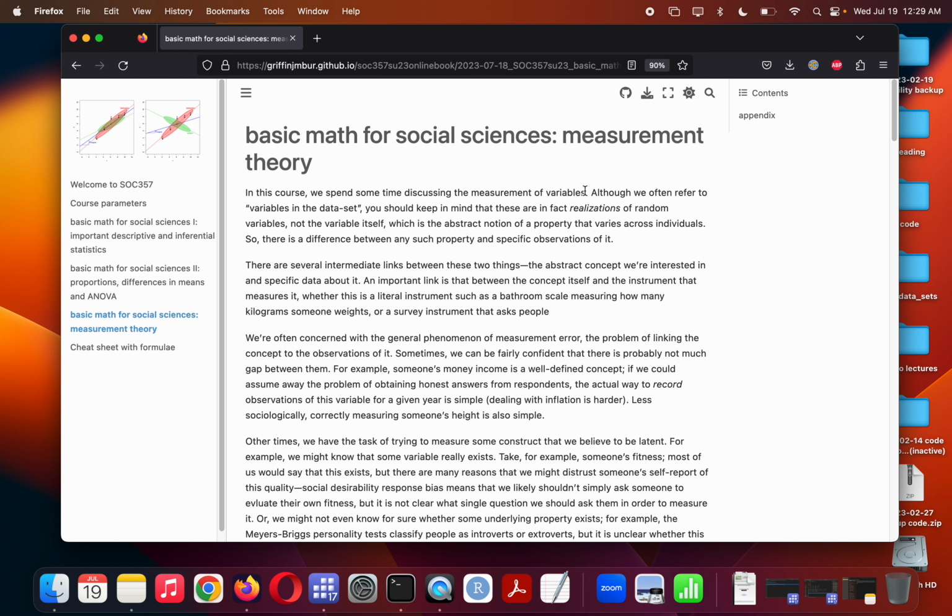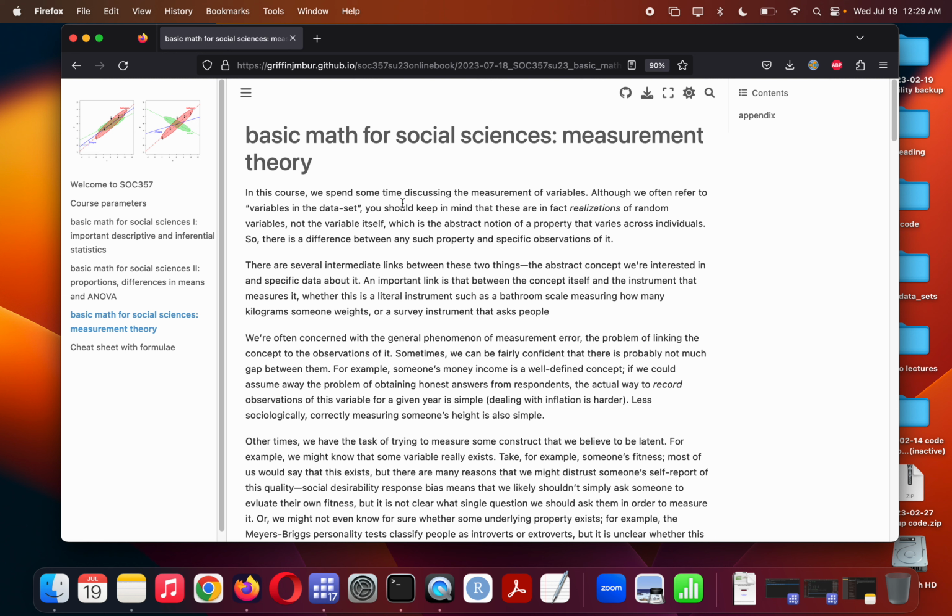I want to briefly start by way of explaining what measurement theory is about by reminding you of the difference between a variable and an observation of it. Although we often refer to variables in the data set, this is strictly speaking not a very correct usage.